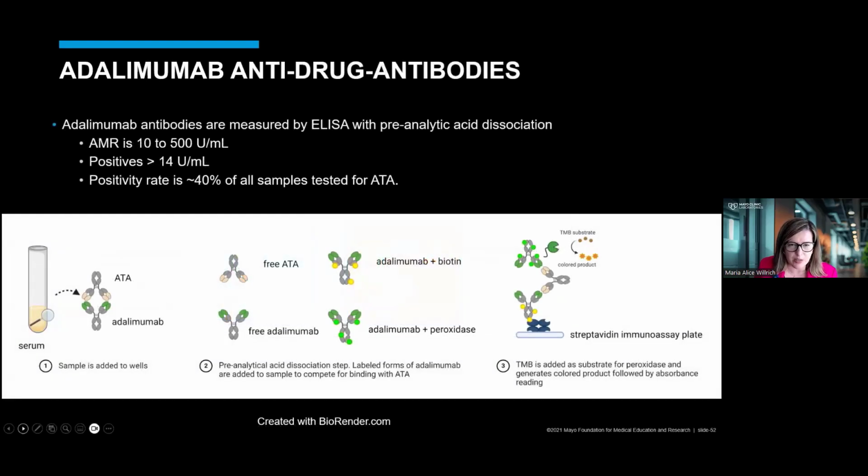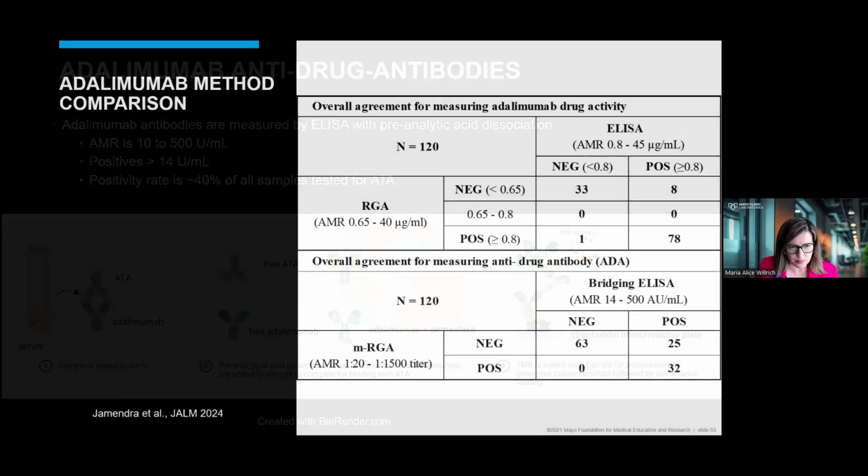The anti-drug antibody assay for adalimumab is also a bridging immunoassay, and similarly to the infliximab assay, it has that acid dissociation component to it, and then the labeled forms of the drug compete for any drug that's present, and we hope to form that bridge at the end with signal detection if there are anti-drug antibodies.